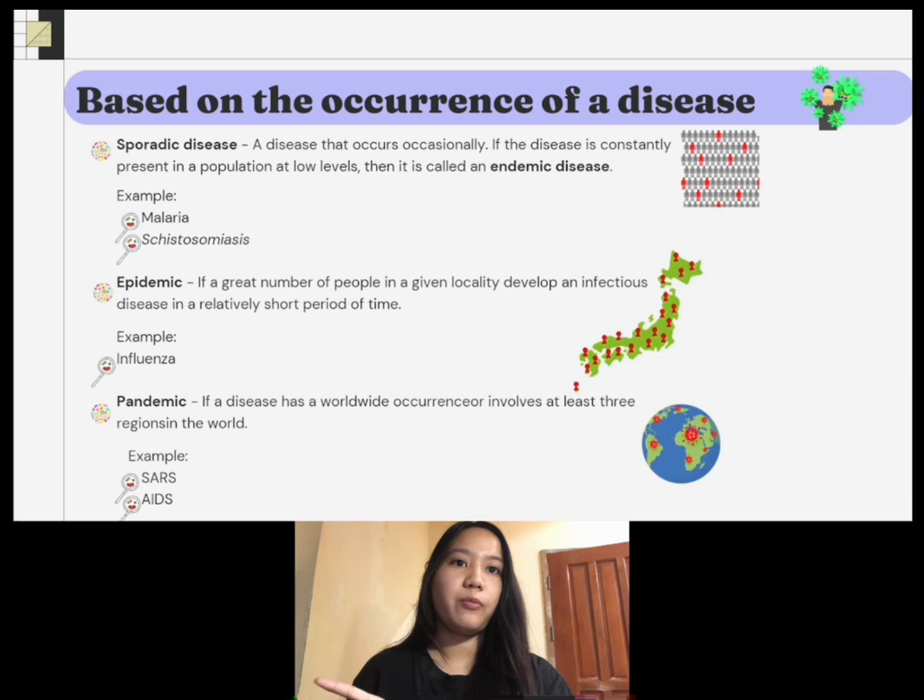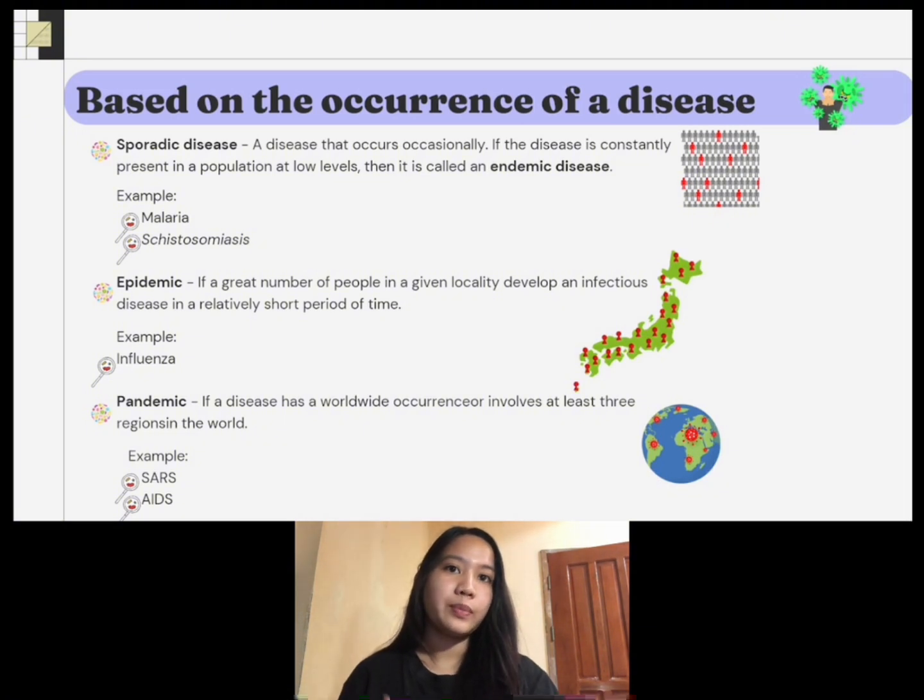So next is about the epidemic. If a great number of people in a given locality develop an infectious disease in a relatively short period of time. So ito naman yung pagdami ng people sa isang locality na nagkakaroon ng disease na ito.